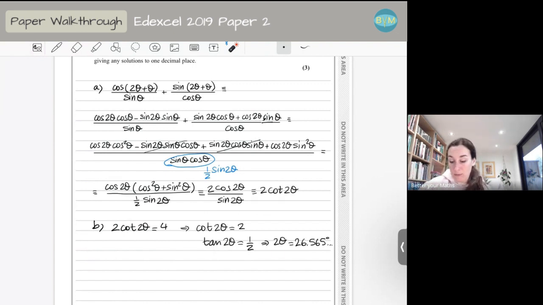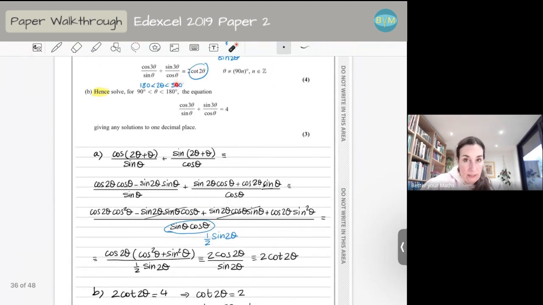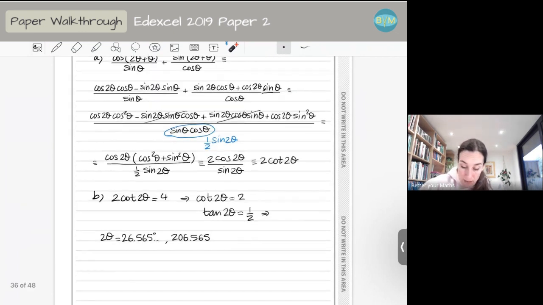So the next solution will be this one plus 180, and that's 206.565. The next one, 180 degrees after, will be 386, which is out of the interval. So we have found the only solution in our interval, that is 206 degrees.